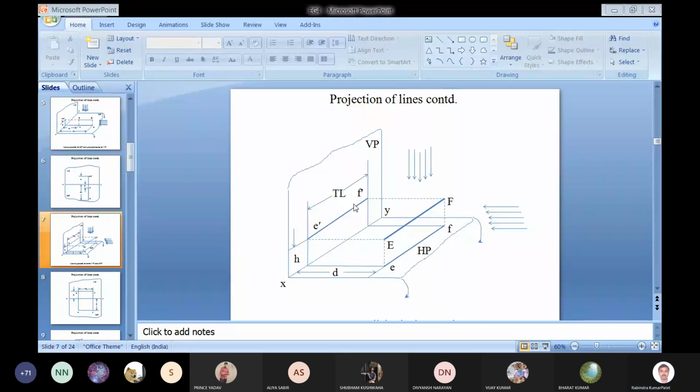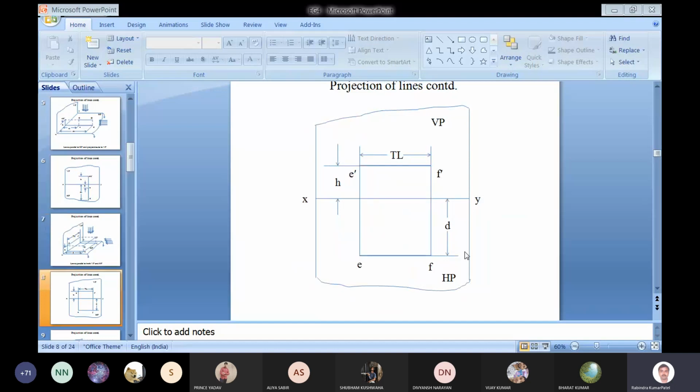So E dash F dash is the projection of line EF onto the vertical plane, that is called the front view, and onto the horizontal plane it has the projection ef, small ef, that is the top view of the line capital E capital F. And the next step is to rotate this HP, horizontal plane, by 90 degrees in clockwise direction, so that we can get the similar representation in a single plane.